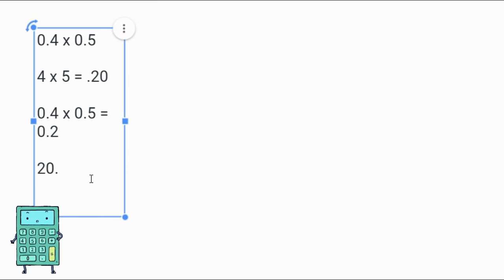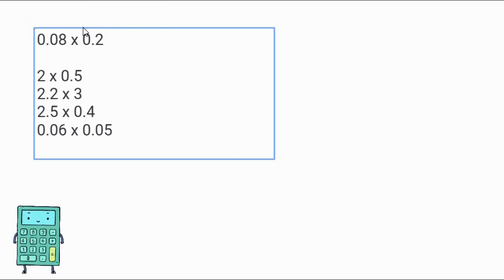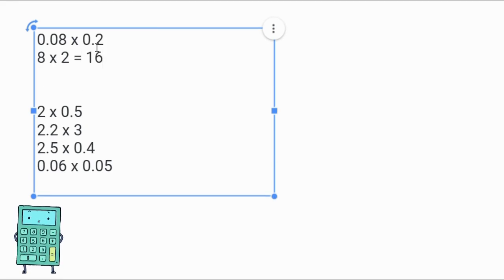Now we're going to do a couple of problems just to get you comfortable with this. So here's our first practice problem. The first step is forget the decimal points. So we get 8 times 2, which equals 16. Now we're going to count the numbers after the decimal point. So that's 1, 2, and over here another one.